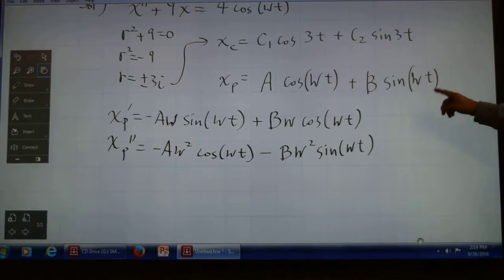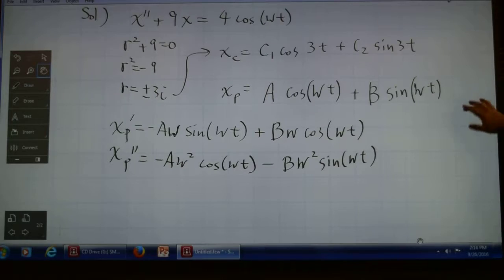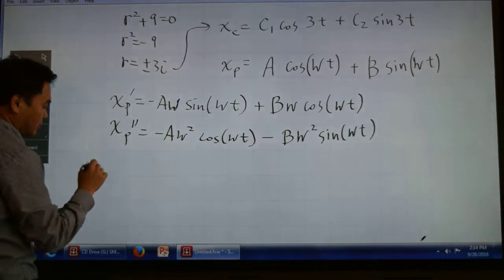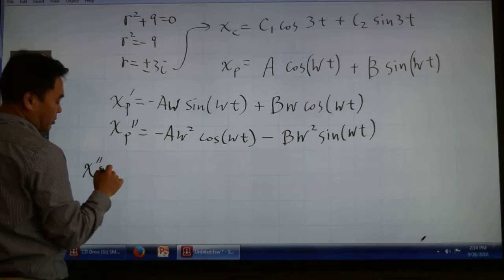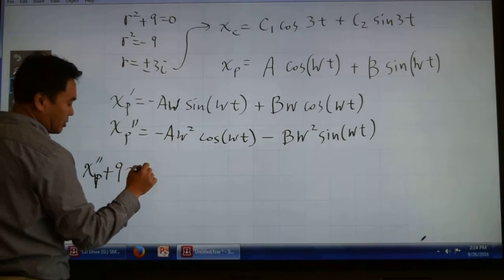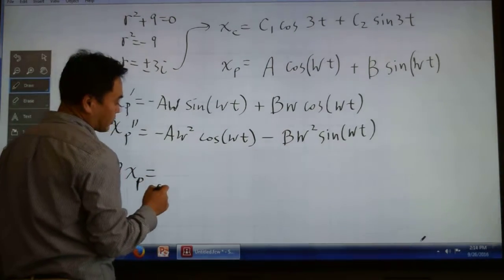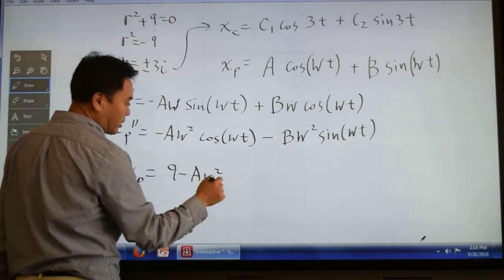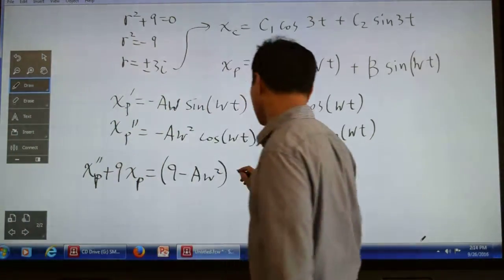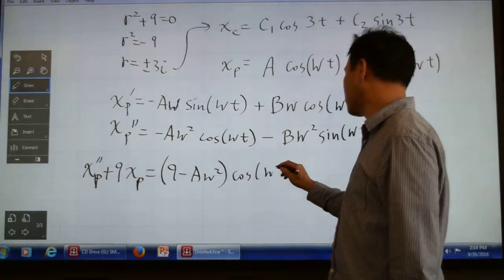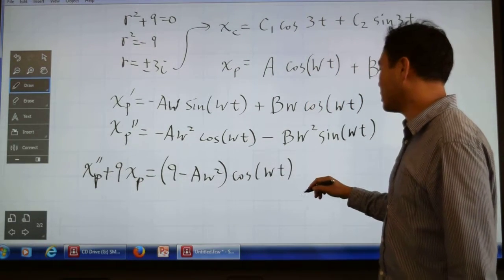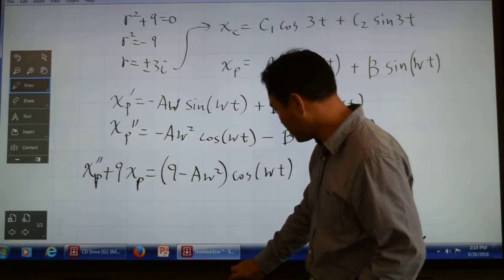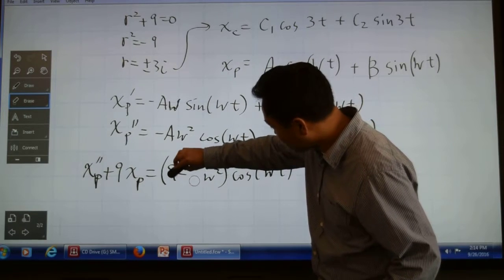And then if I plug all these into the left side to match with the right side, this is what we're getting. So I get xp double prime plus 9 times xp equal to, sorry, that's not right.